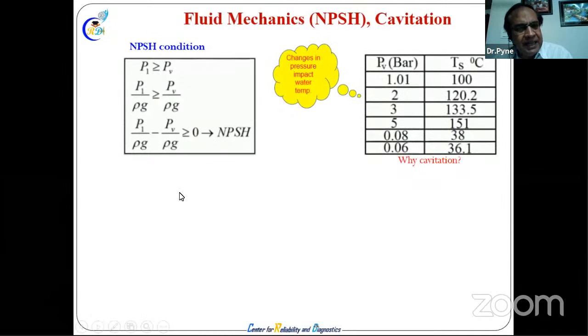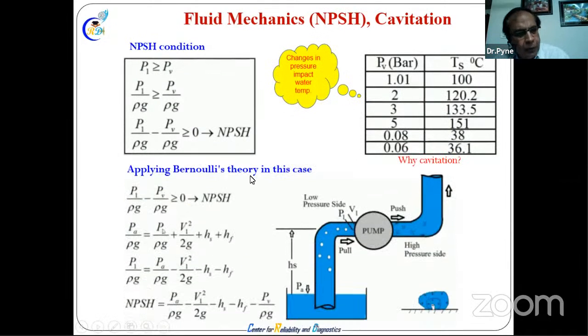And all the formulas take care of this: the Bernoulli equation, and how it will become, and this Bernoulli equation is applicable here. The ultimate aim is the available suction head. I'm not going to discuss it here because we are not discussing only pumps, so we will not go into details. But you see, if the vapor pressure carries on decreasing, then your temperature is increasing. 36 degrees temperature, can you touch it?